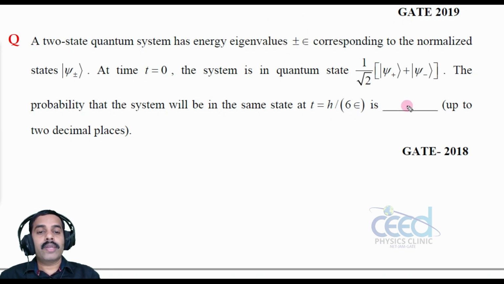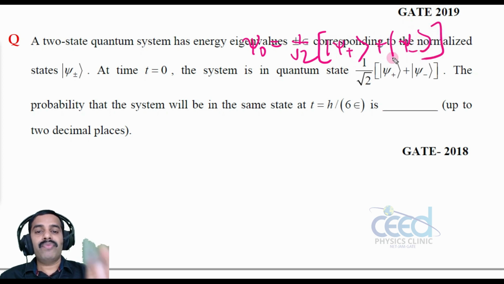So what is the quantum state at time t equal to 0? Let me write psi 0 first. Psi 0 is equal to 1/√2 (psi plus + psi minus). Now after a time t, what would be the wave function? We have already studied.